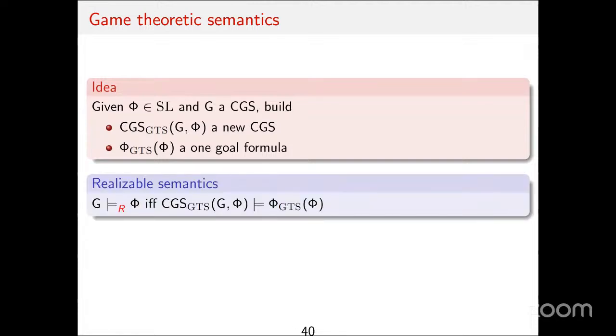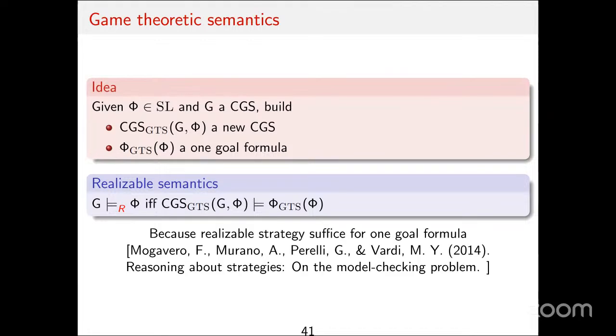And we will say that the game satisfies in a realizable manner the formula if and only if the construction of the new game satisfies the construction of the new formula. And why one goal is really interesting, because we already know that in strategy logic, if we have a one goal formula, we can restrict ourselves to realizable strategies. And this is given for free by this paper.